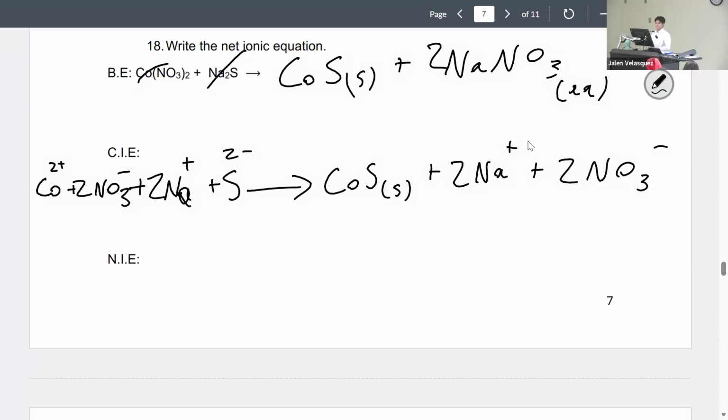Now, what can we do from here? Good, so we could cancel the spectator ions, right? How do you identify a spectator ion? It shows up on both sides of the equation, right? So sodium is on both sides, so you can cross that off. And nitrate, you can cross off.